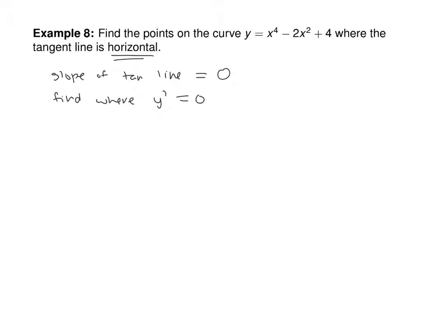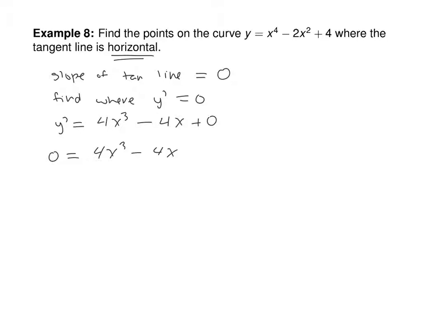That's step 1. So what is y prime? 4x cubed minus 4x plus 1. Plus 0. Plus 4, because 4 is a constant, its derivative is 0, right? Okay, so then solve 0 equals 4x cubed minus 4x.